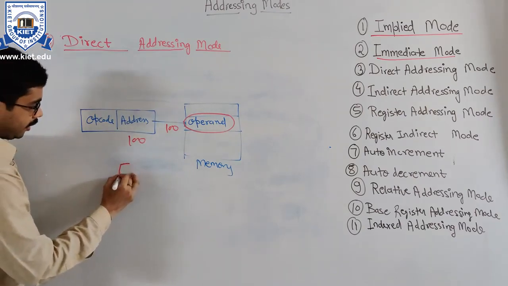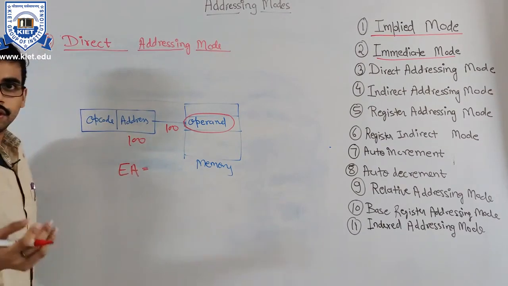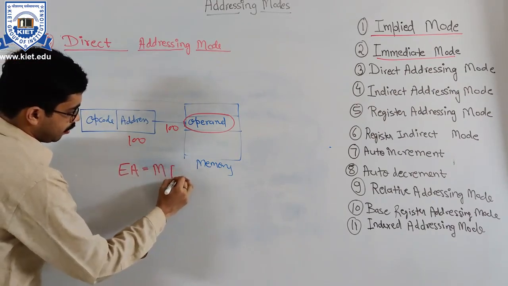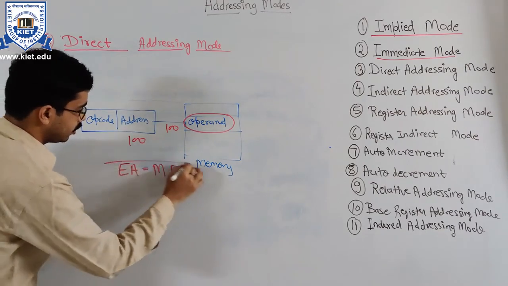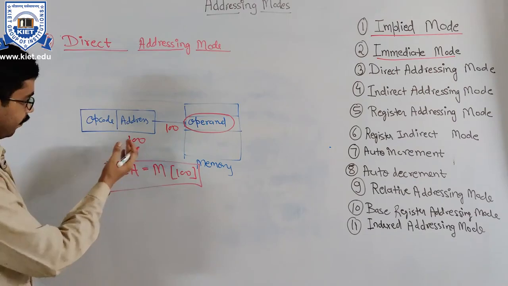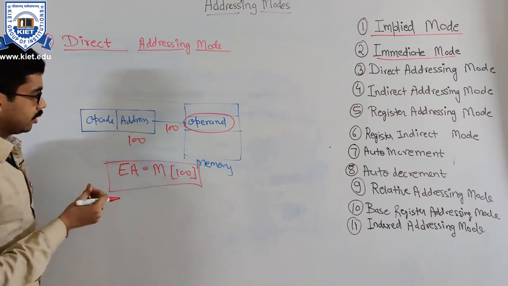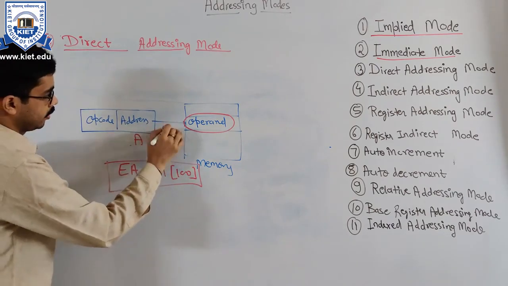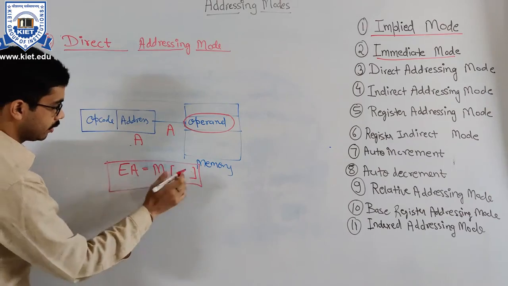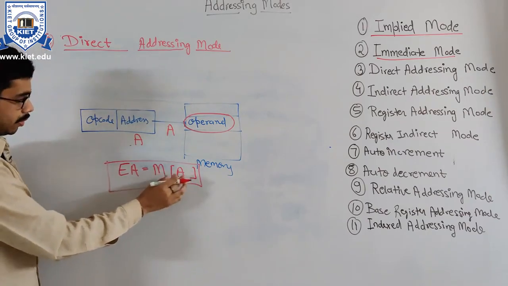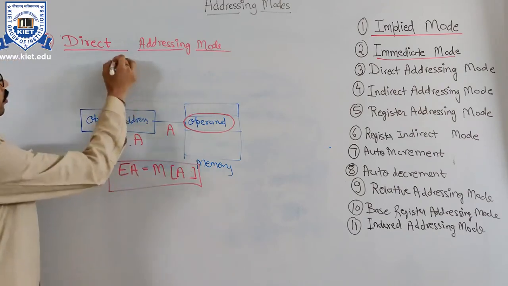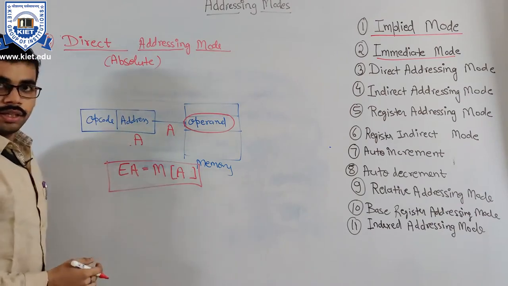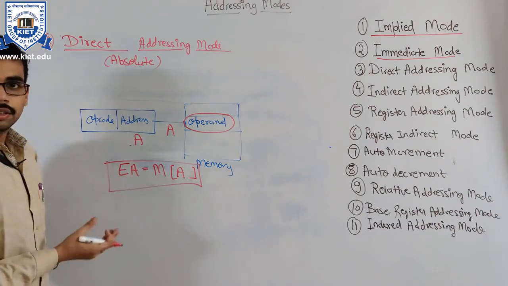The effective address is the address where we can find the operand, so here it is memory position 100. If we generalize it, if the address is A, then the effective address is the data at memory position A. It is also called absolute addressing mode, and it is mostly used in accessing variables.